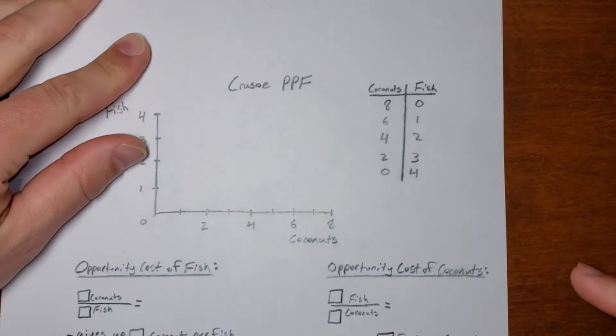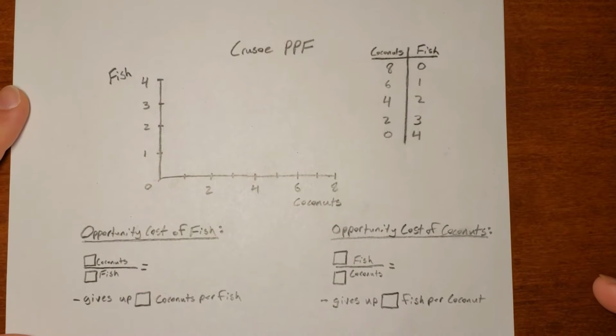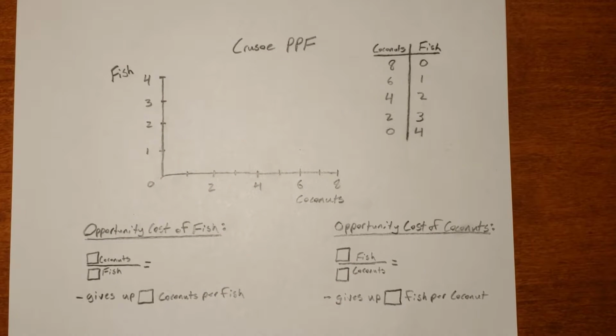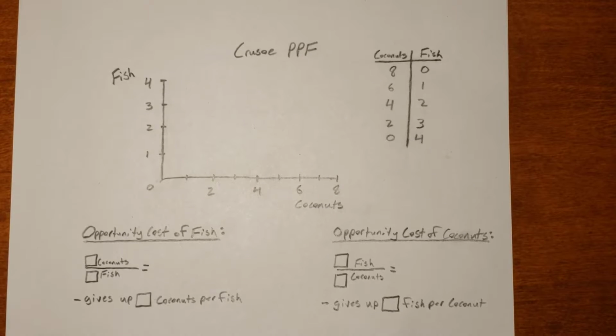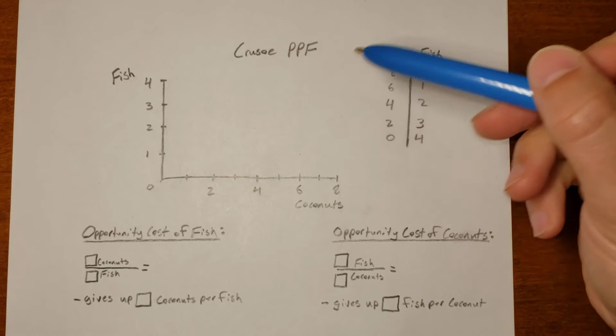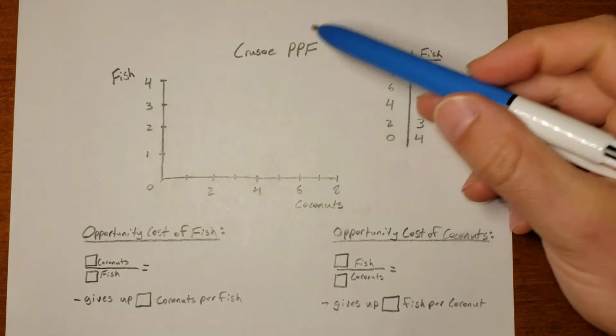So now what I'd like to do is move to a slightly more technical production possibilities frontier, which is probably going to be more typical of what you're going to be seeing. Notice that in this case, we're looking at the production possibilities frontier for Caruso.